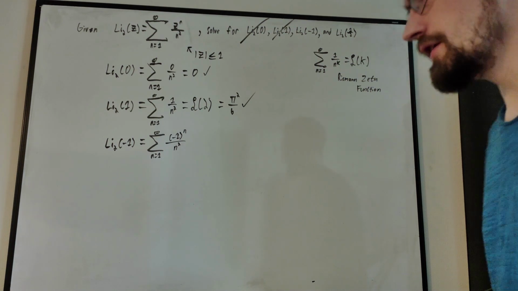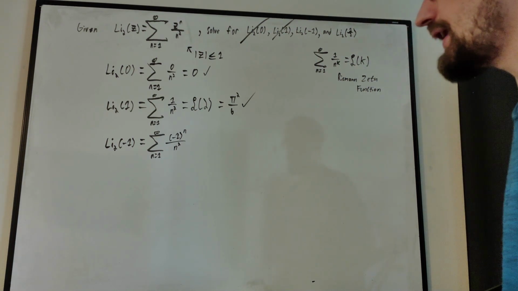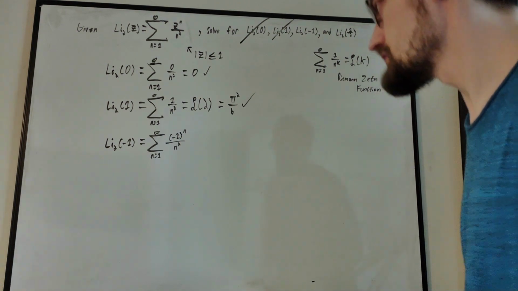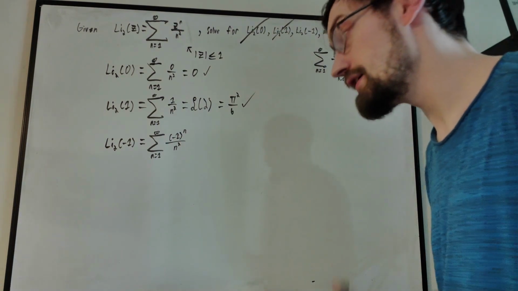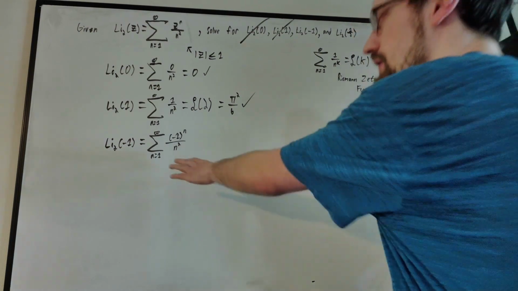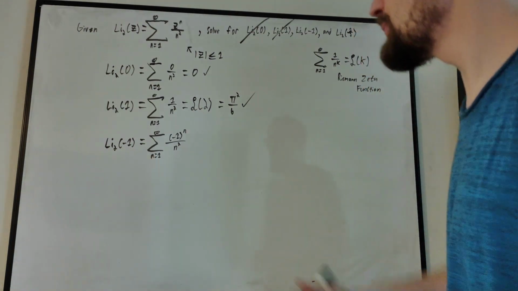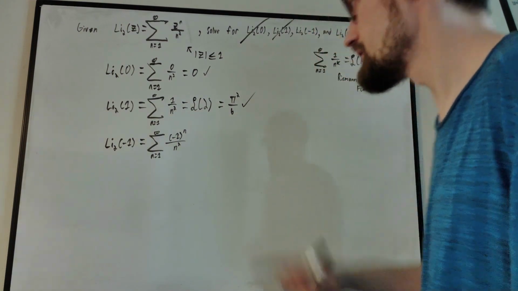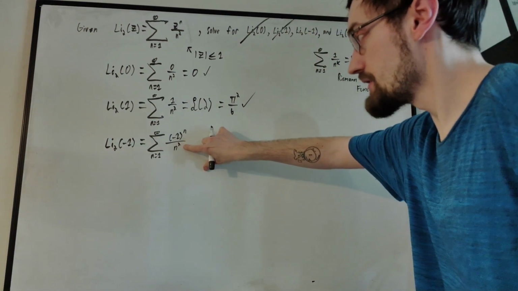Now this looks very close to the Riemann zeta function, but actually it's more closely related to a function that itself is related to the Riemann zeta function, and that's called the Dirichlet eta function. But this is not quite the Dirichlet eta function. We would have to have an n plus 1 right here for this to be the Dirichlet eta function, evaluated at 2.